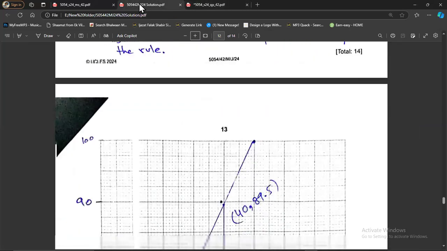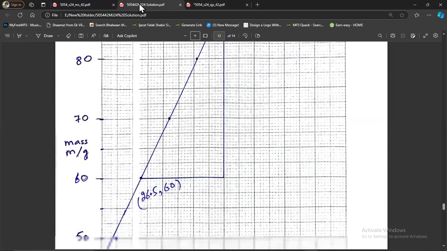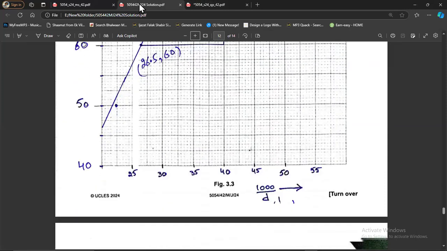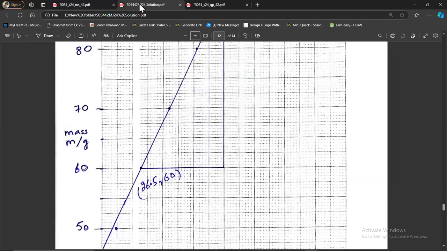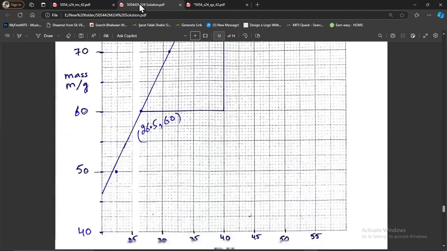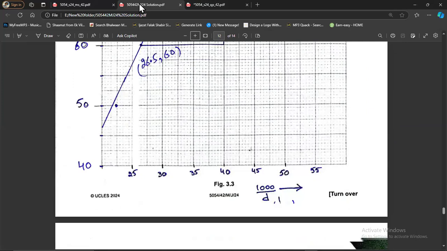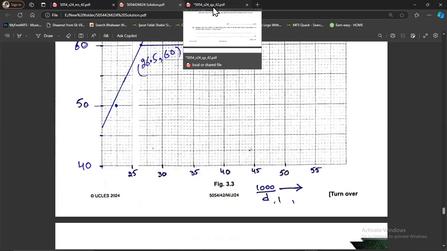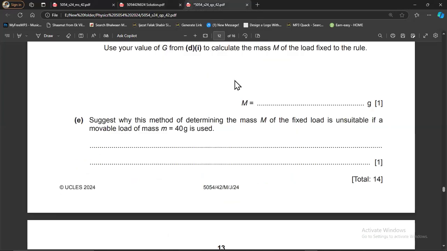If you look at this graph, if the mass of the load is less than 40 gram, let me show you, then the moment arm should be larger.